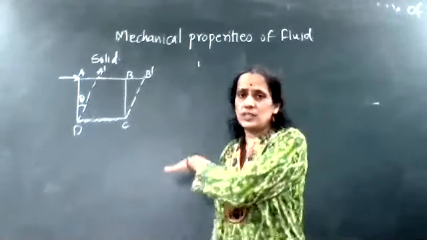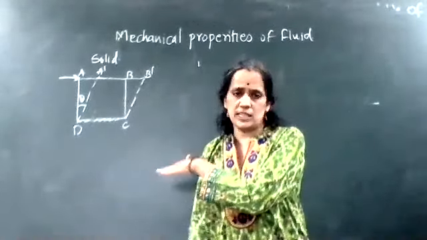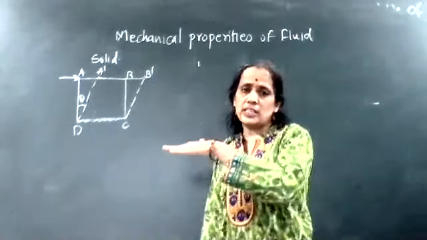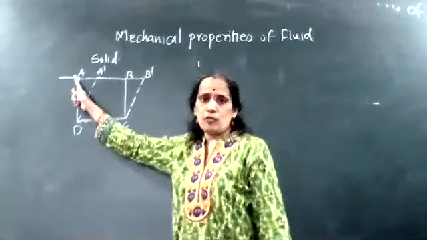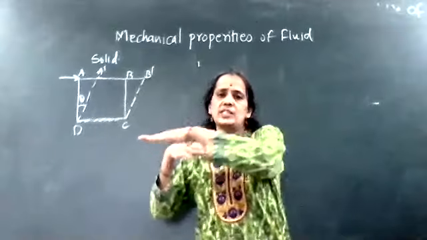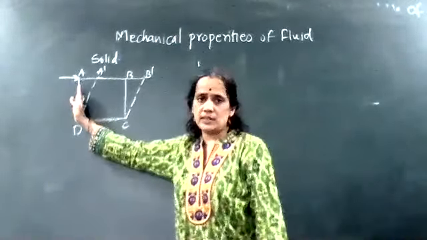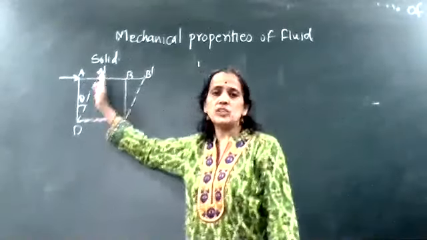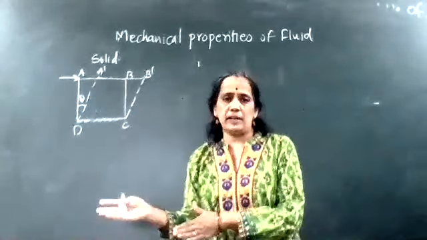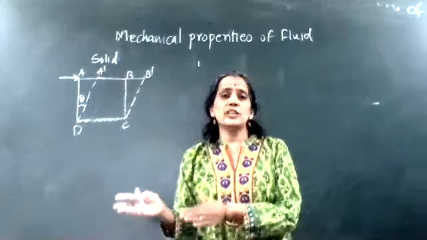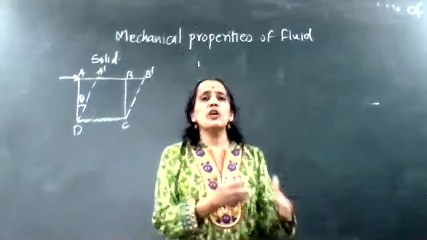This force I call the shearing stress. Due to this shearing stress, the tangential force applied on the upper surface area, the cubical shape changes into a parallelepiped. That means I can say that a solid possesses a modulus of rigidity.